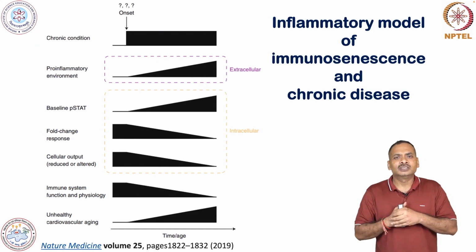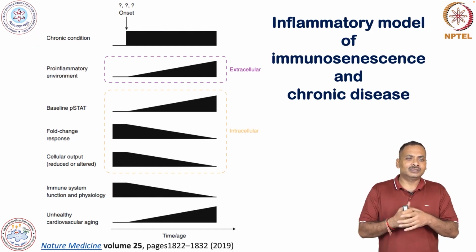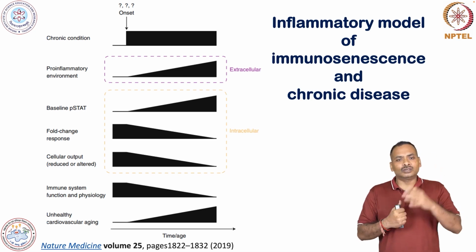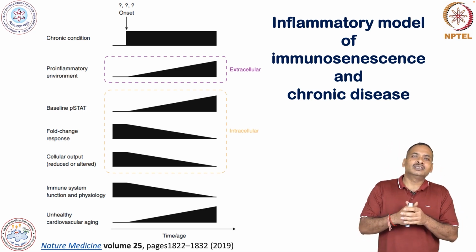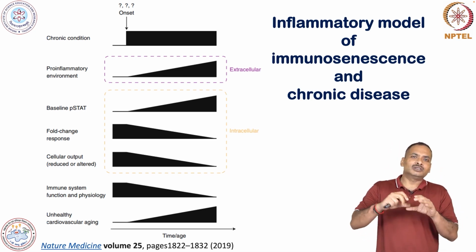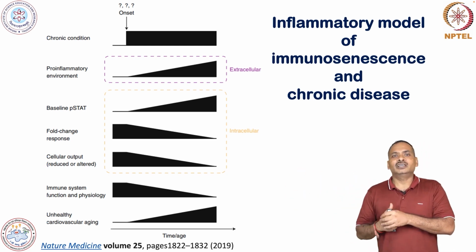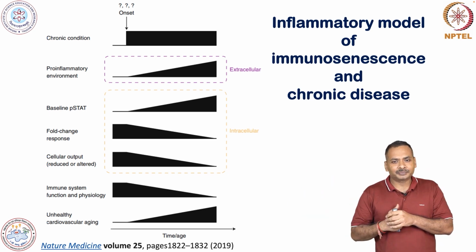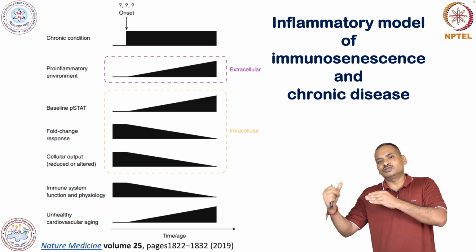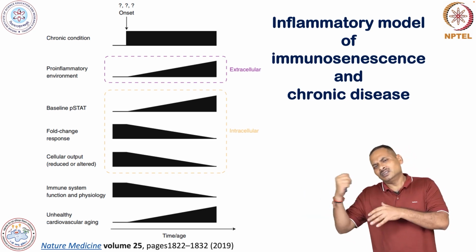Here there is one scheme which I just want to quickly show. So at the onset of chronic inflammation, there will be a persistent increase in the pro-inflammatory environment in the body. There will be a production of more pro-inflammatory cytokines and other mediators.